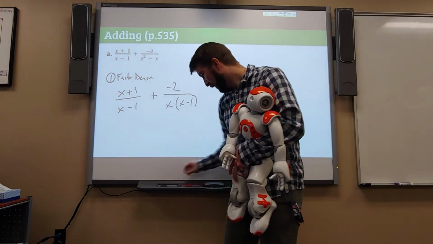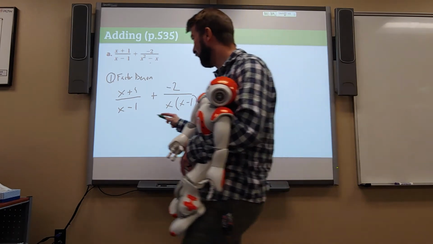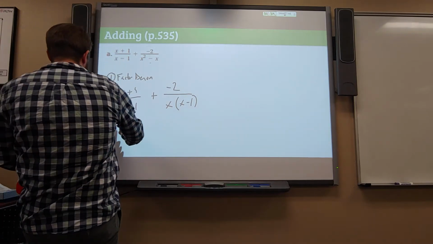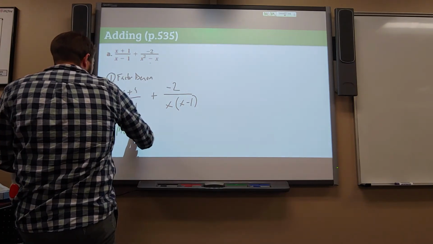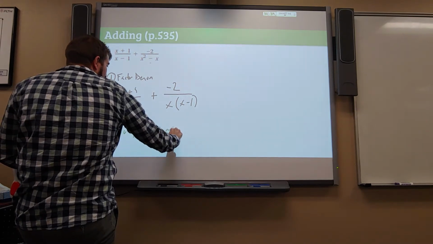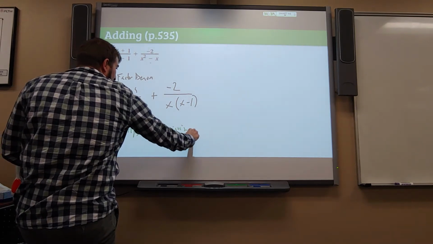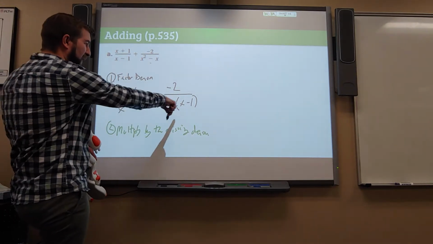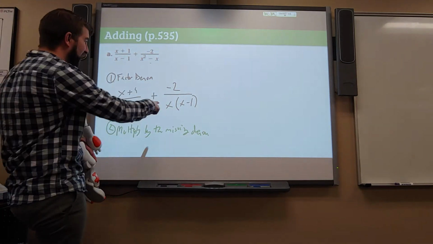So now, step 2, I'm going to go and use green. Step 2, multiply by the missing denominator. Alright, so notice I have x minus 1, but I don't have an x.